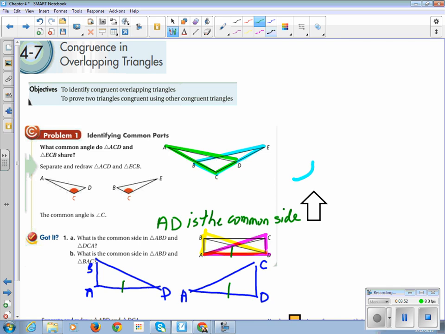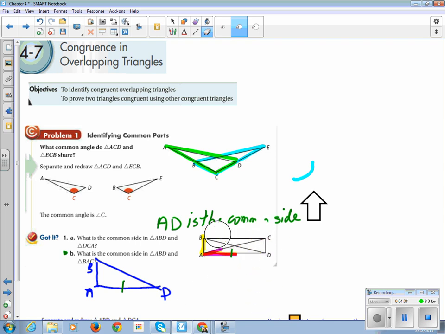by both triangles. So now they changed the question on us. If we look at B, what is the common side in ABD and BCA? So they don't want this one anymore. They want BCA, which is here.